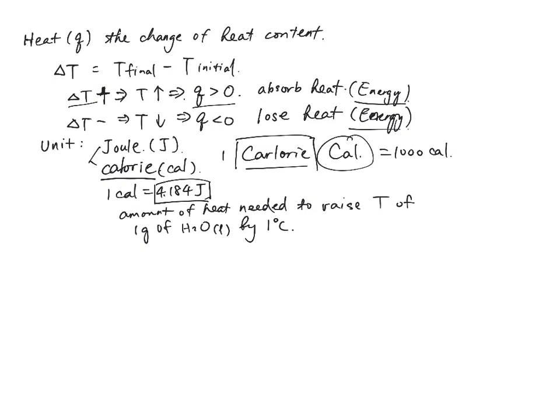But to be able to do that calculation, we have 3 different thermal properties we're going to discuss here. The first one is called heat capacity. Heat capacity, we use capital letter C to represent it.